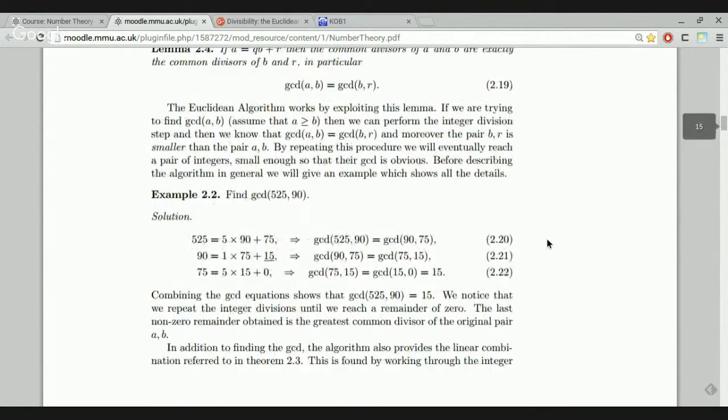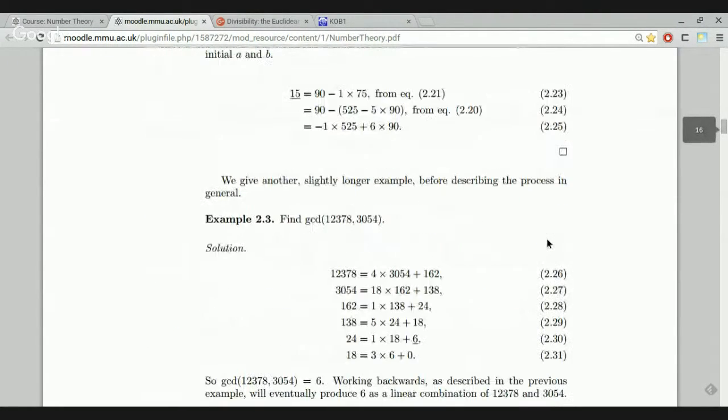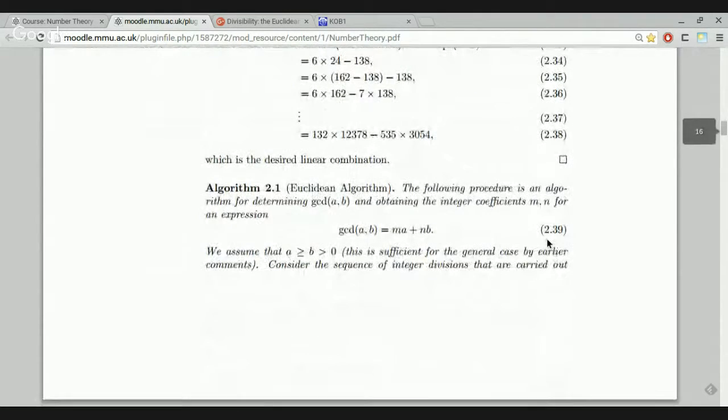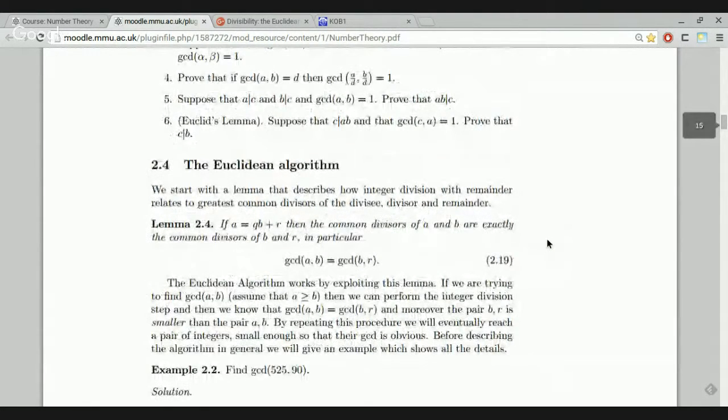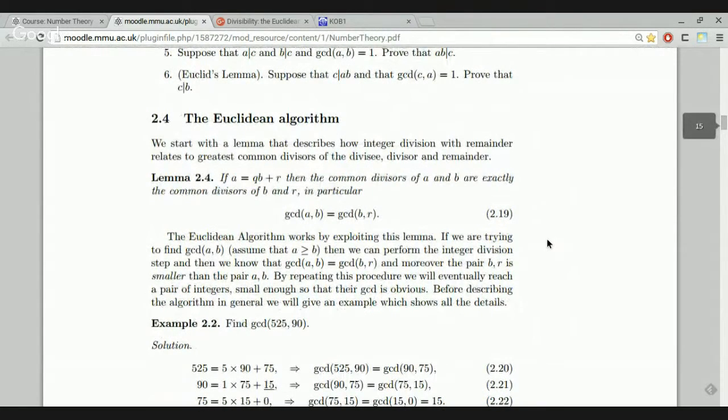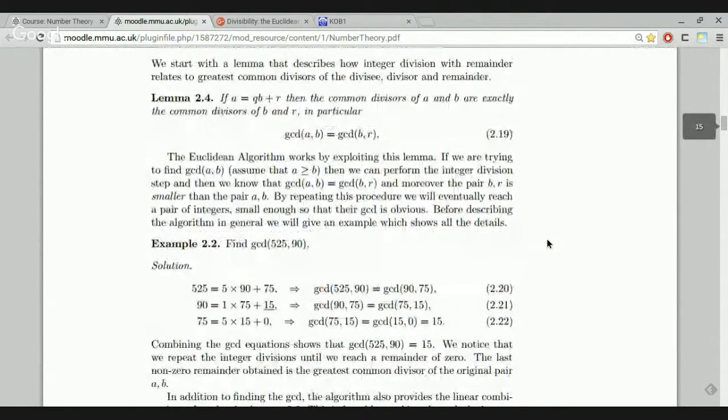Sorry, I jumped straight into the example then. Do I prove that lemma or? Okay, we'll do it. Maybe we need to prove that on paper.